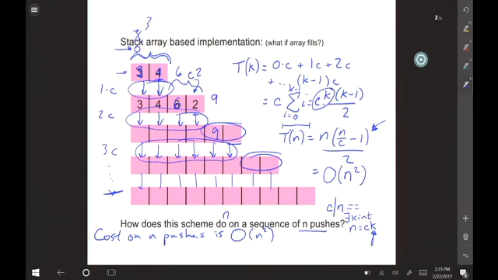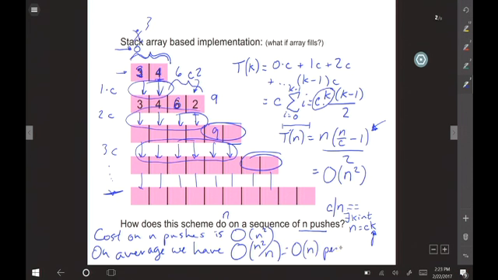It's just occasionally we have to wait for the copy. So the way I'm going to state this for this class is on average, we have big O of N squared over N equals big O of N per push.